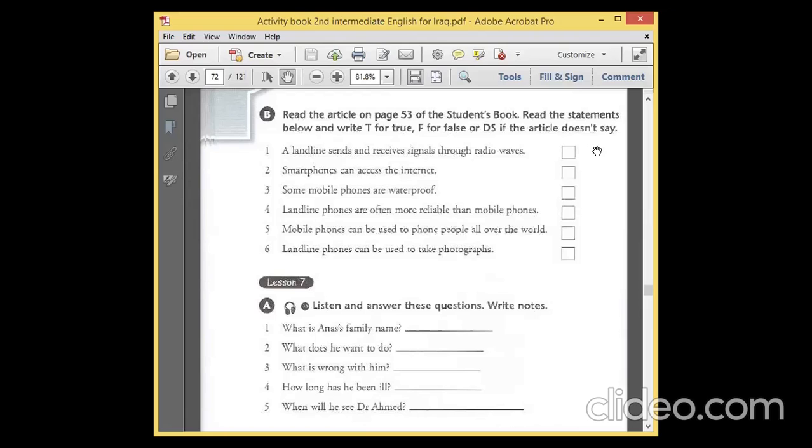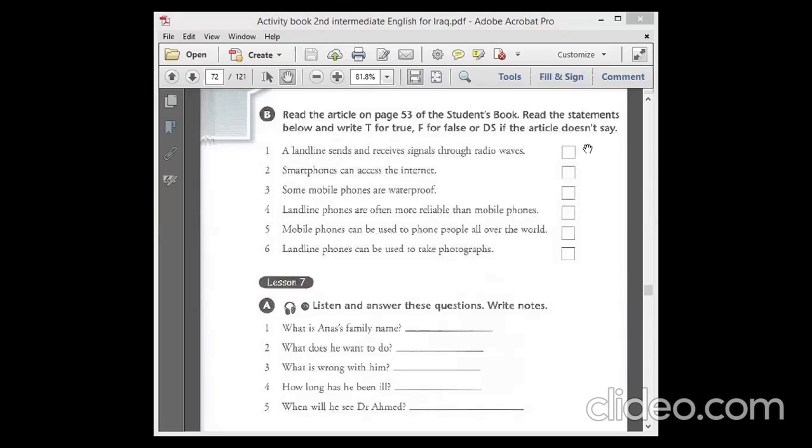Number 4. Some landline phones are often more reliable than mobile phones. True, false, or DS? True.